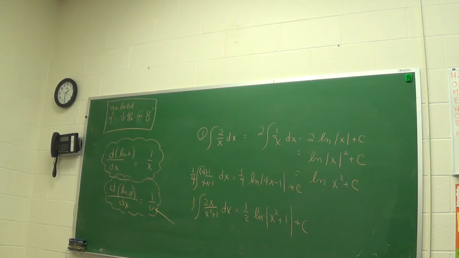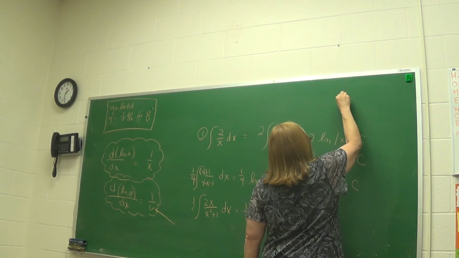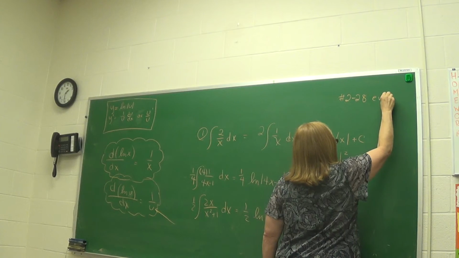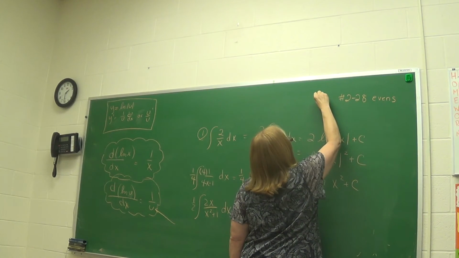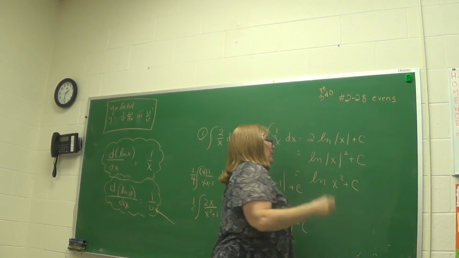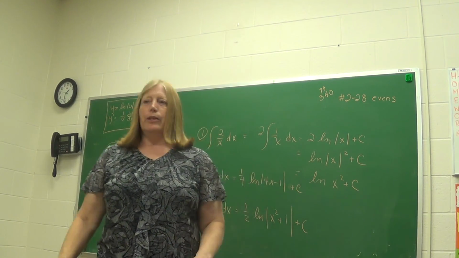Here it is. 5.2, let's do number 2 through 28, evens. What page was it again, Gianni? 340. I'm sorry? Page 340. Okay. Page 340, 2 through 28 even. All right. So I want you to start that.